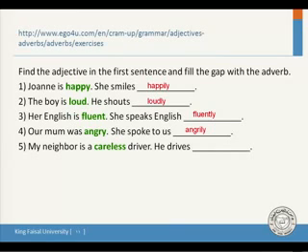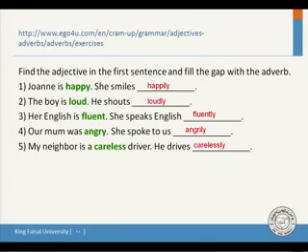Careless is an adjective that describes the driver. So, how does he drive? We need an adverb to describe the verb drives. He drives carelessly.